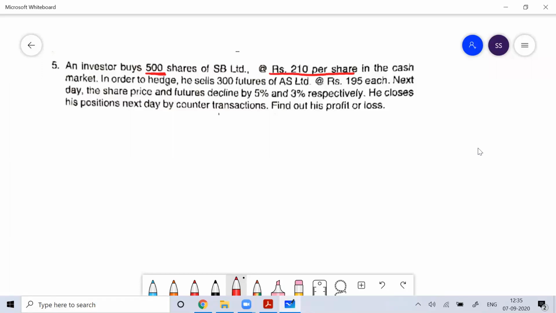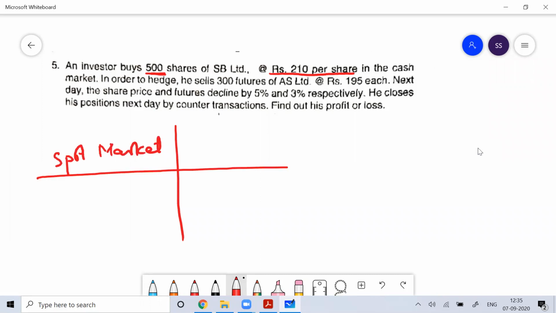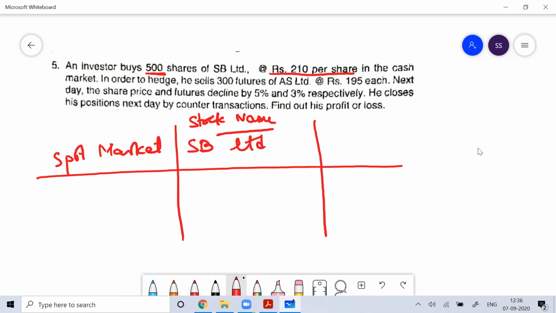In the spot market, this person has bought SB Limited, that is the stock name, at 210 rupees per share, and the number was 500.